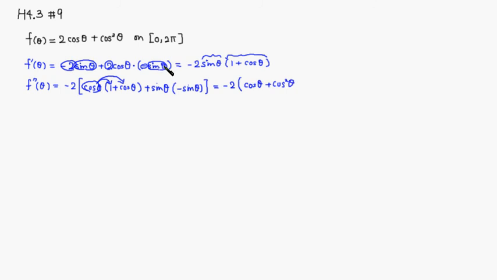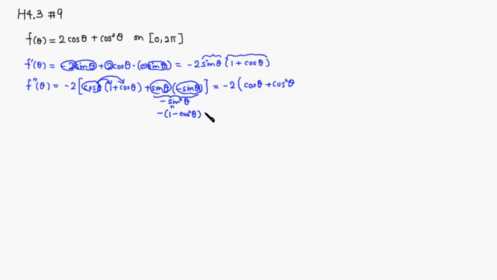Then here you have a sine theta times negative sine theta, so it's going to be minus sine squared of theta. That's the same thing as negative 1 minus cosine squared of theta. Since everything else is written in terms of cosine, it's probably better to rewrite it in terms of cosine.